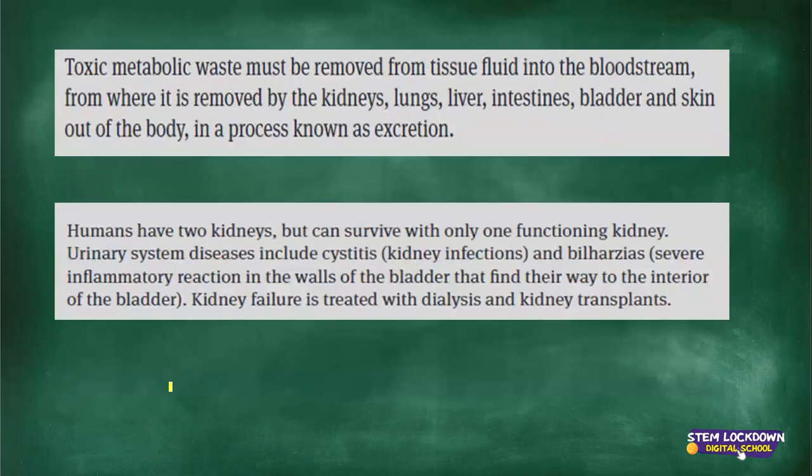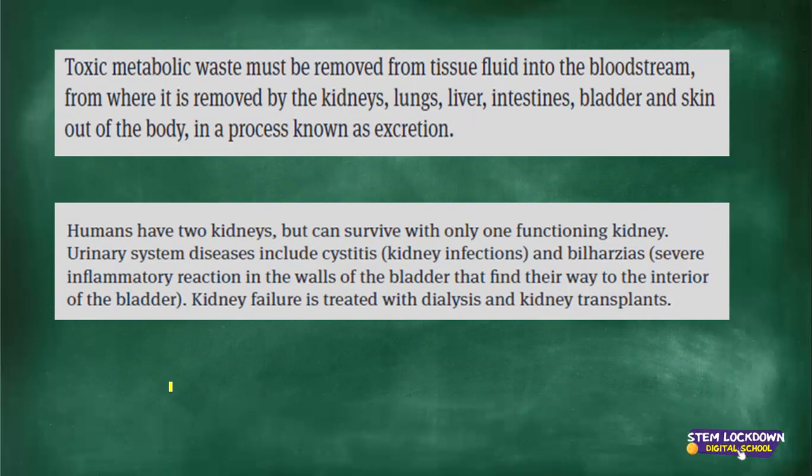Toxic metabolic waste must be removed from the tissue fluid into the bloodstream, from where it is removed by the kidneys, lungs, liver, intestines, bladder, and skin out of the body in a process known as excretion.